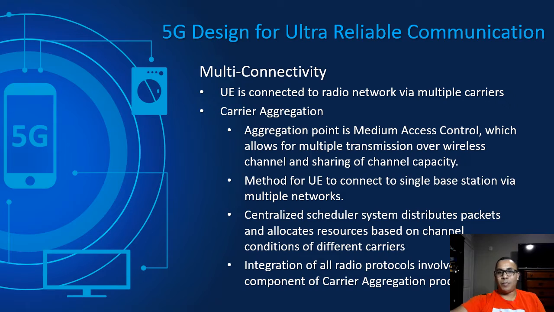There are two main methods for this: carrier aggregation, which allows multiple transmission over wireless channels and allows for sharing of channel capacity. Also here, a centralized scheduler distributes packets and allocates resources based on known conditions on the channels of the different carriers.